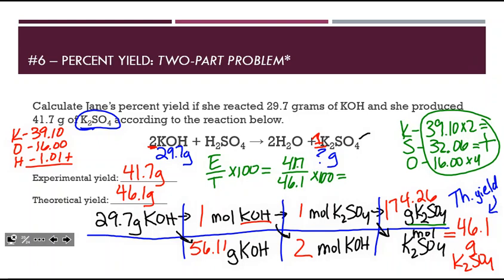And what do you get for your percent yield? 90.45. That's the calculator answer. Since both of these have 3, let's keep our percent to 3, so 90.5. Good for me. Very good.